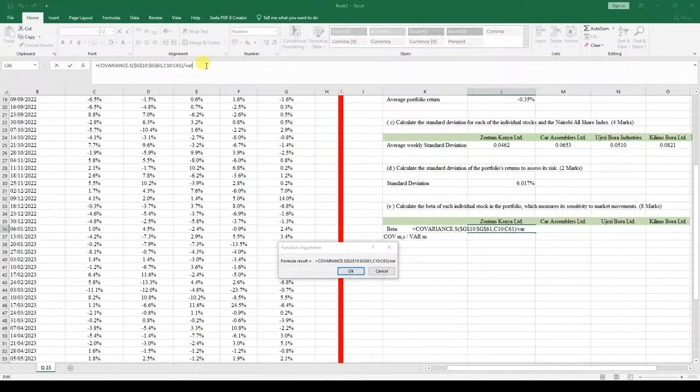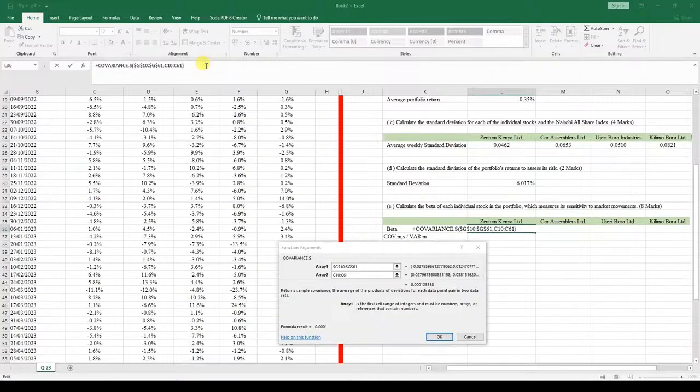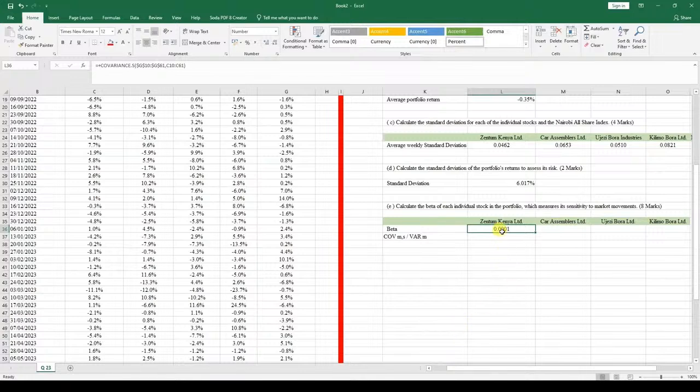We divide against variance, or we just put it like that, variance of the market. But before we do the variance, we can say okay, like that, because that's just the covariance, as you can see from the formula.